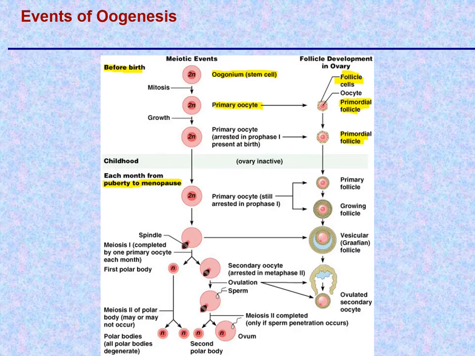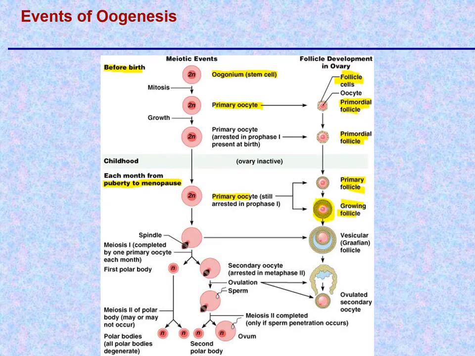Okay, so as I said, with puberty and the onset of the ovarian cycle, you get a primordial follicle developing into a primary follicle, and now that primary oocyte is inside and the follicle grows, so the cells along the wall develop further and there's more of them.